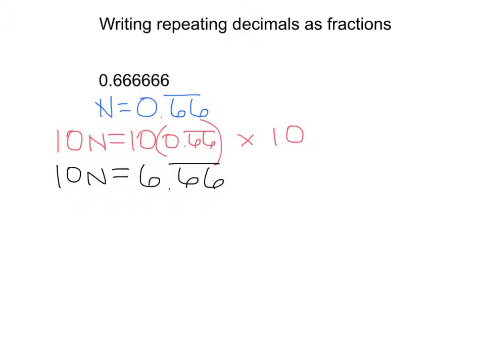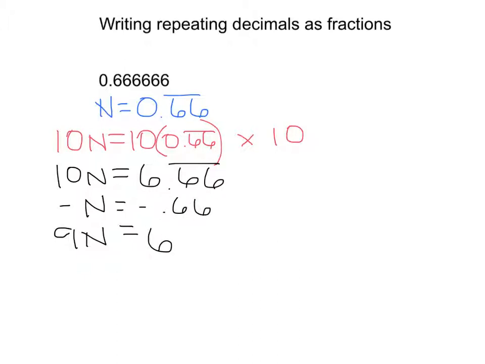So if we subtract n from 10n, we are left with 9n, and if we subtract the value of n from the other side, we are left with 6.